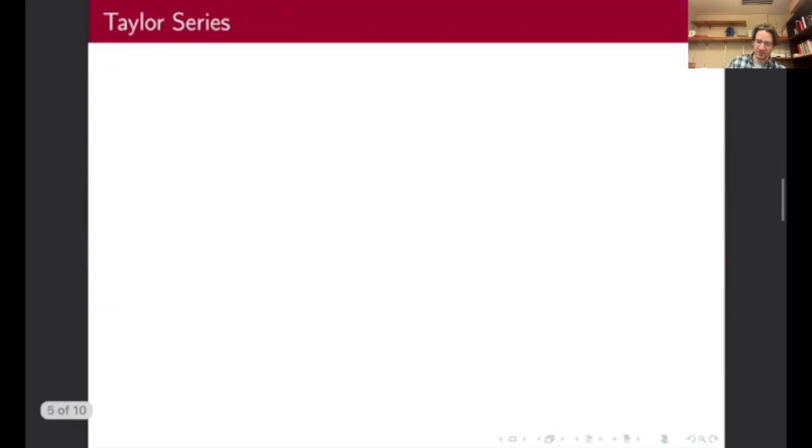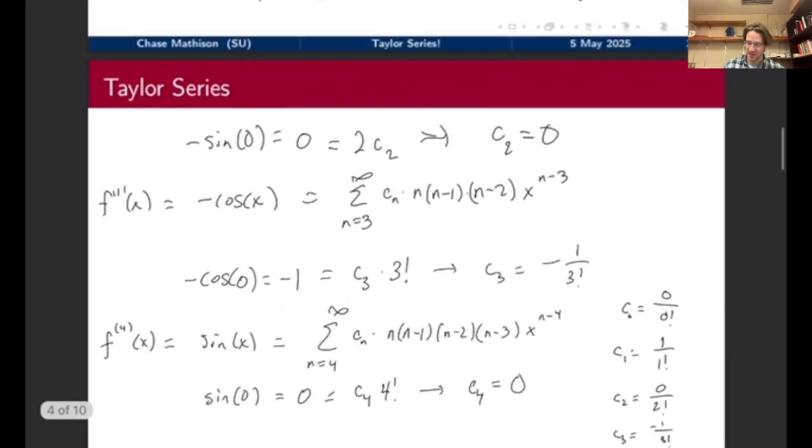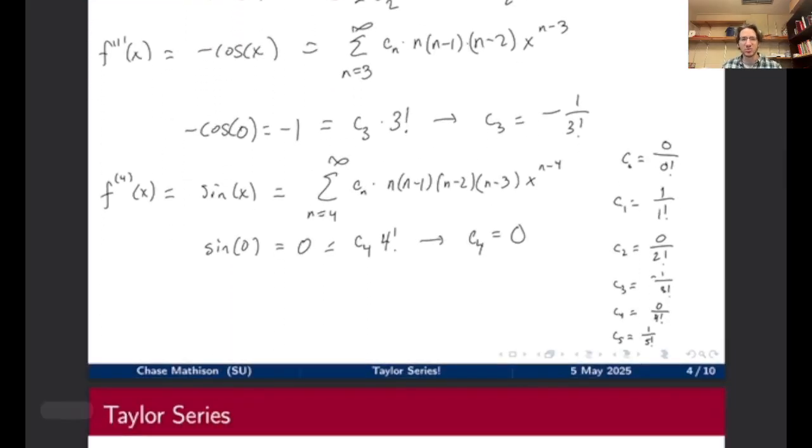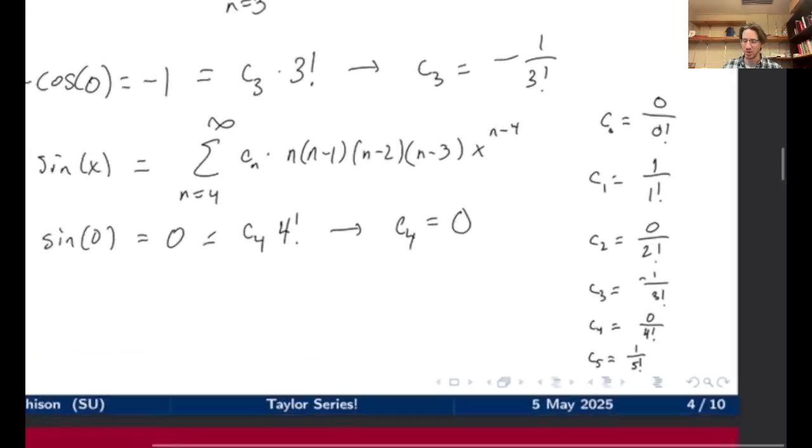So what is the pattern? Cn is 0 for n even, right? Whenever I look at even derivatives of the original function, I'm getting sine of 0, and that's 0.